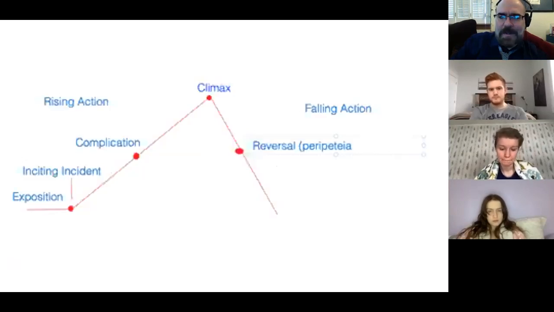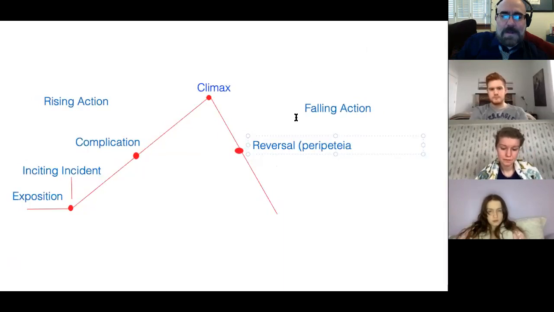Peripeteia. So Aristotle, who was also another person who really analyzed drama, and when we say literature, in this case, we're talking about drama because that was the literature they used, plays, right? So he came up with this term, peripeteia. So the reversal is sort of the opposite to the complication.